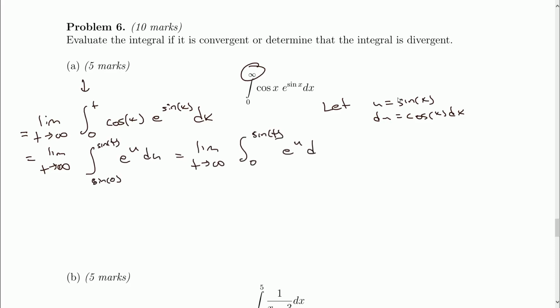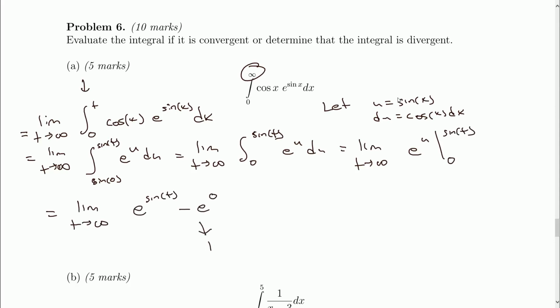And then e to the u du, but I know how to integrate that. It's just e to the u again, and we go from 0 to sine of t. Fantastic. And then t goes to infinity, e to the sine t minus e to the 0.